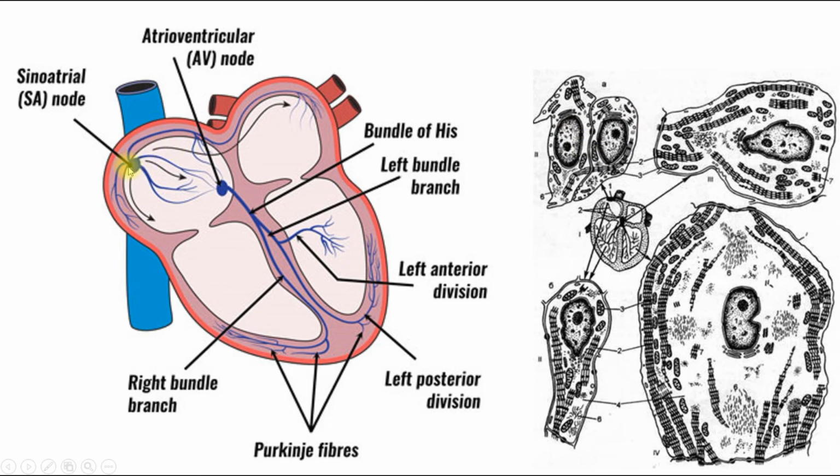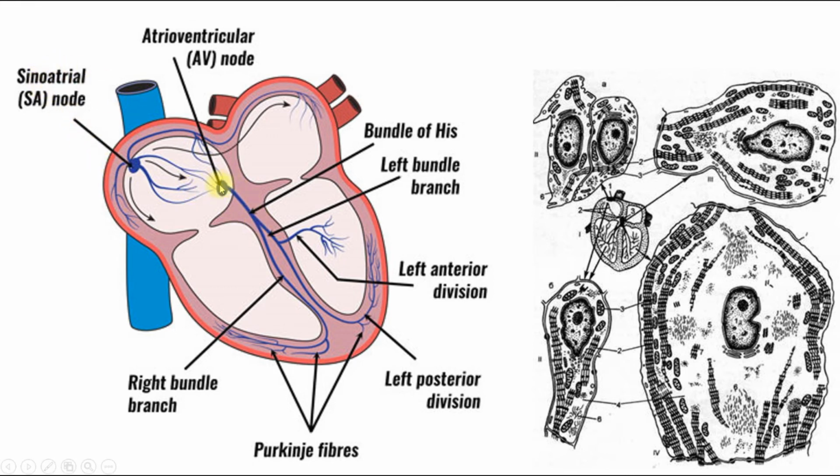From the sinoatrial node, nerve impulse goes to atrioventricular node, AV node, which is located near the septum of heart. This node is made up of the second type of conductive cardiac myocytes, which conduct signal from the sinoatrial node to bundle of His.